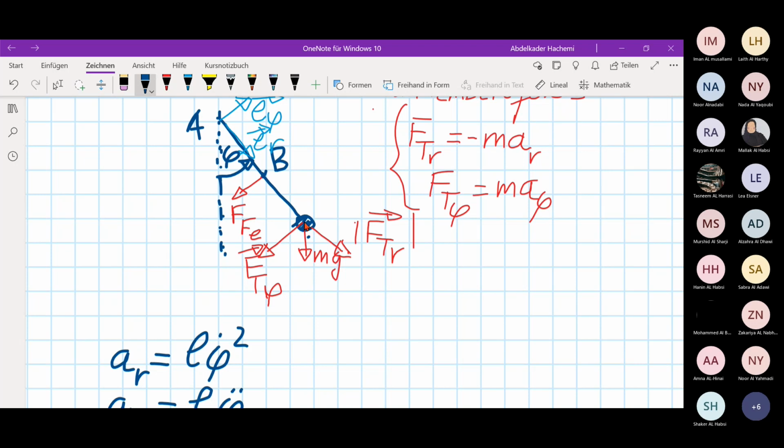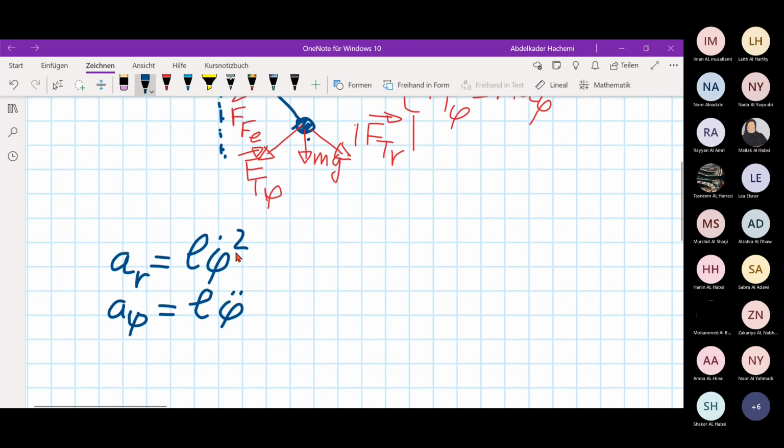The mass has the length L, and by the relation it's omega cross omega cross R, and in our case R is only the distance L. The same here: it's only omega dot cross R, and omega dot is phi dot dot, and R, as I said, is only L.